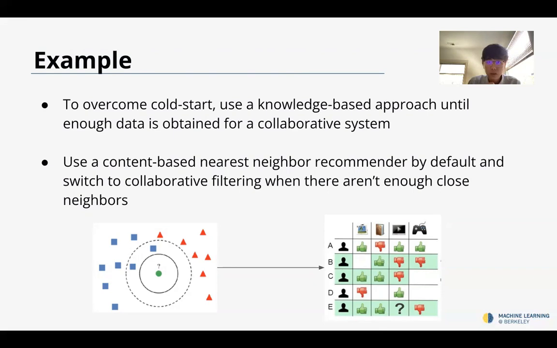In a different example, you can use a nearest neighbors model on content-based features by default. And you might occasionally run into items that don't have nearest neighbors. These are items that are very different from the rest of the items you see on the system, and you can't really recommend them based on their features alone, because there isn't anything similar in the system.